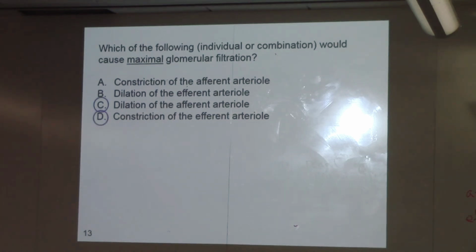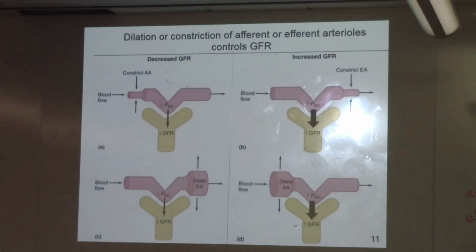Mostly seeing correct answers. C and D. A and B would minimize glomerular filtration. So let's go back. Dilation of the afferent arteriole and constriction of the efferent arteriole would maximize glomerular filtration.